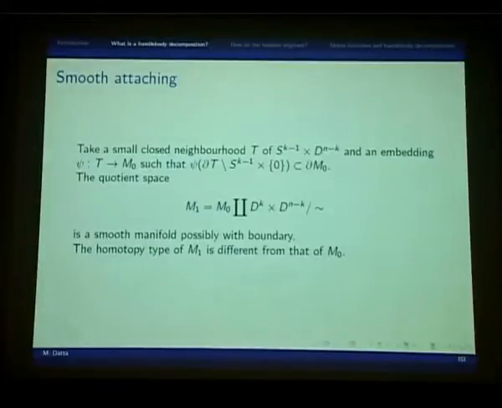Del T denotes the boundary of T and del M0 denotes the boundary of M0. Then if you look at the quotient space by identifying points in del T with their image under psi, what we get is a smooth manifold, possibly with boundary. The thing to note is that the homotopy type of M1 will be different from that of the original manifold M0.